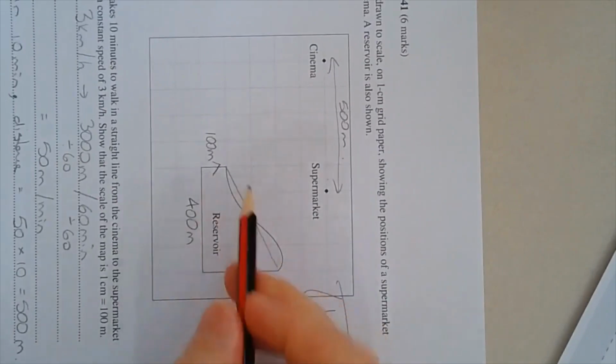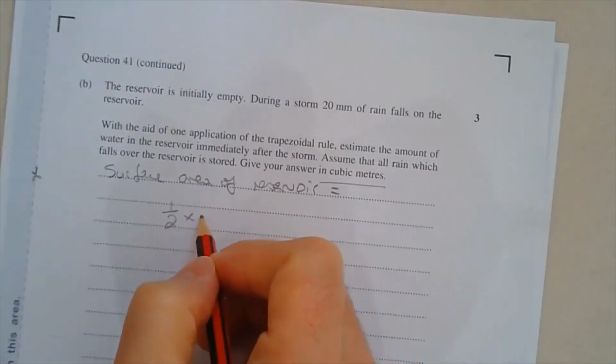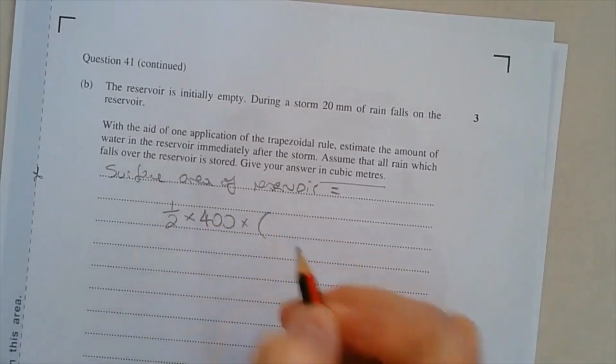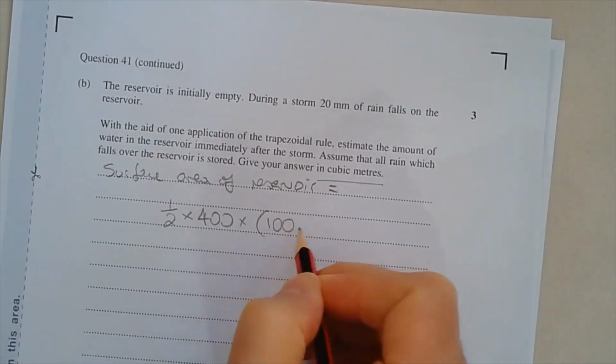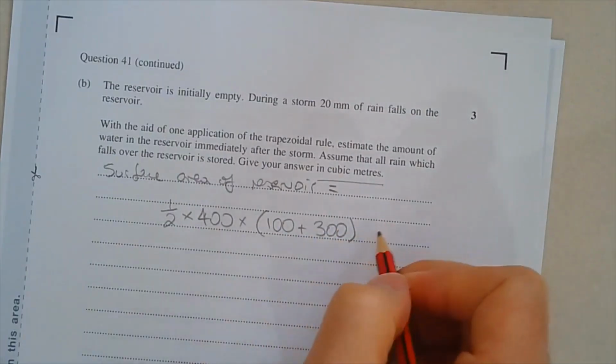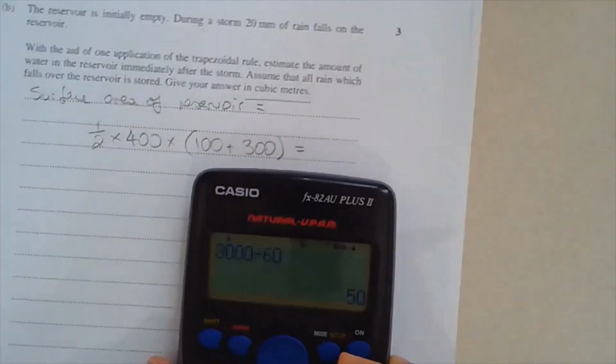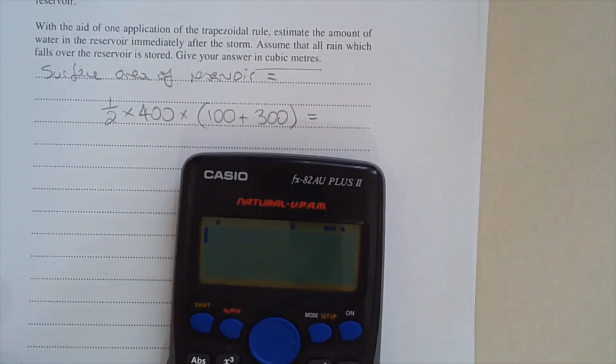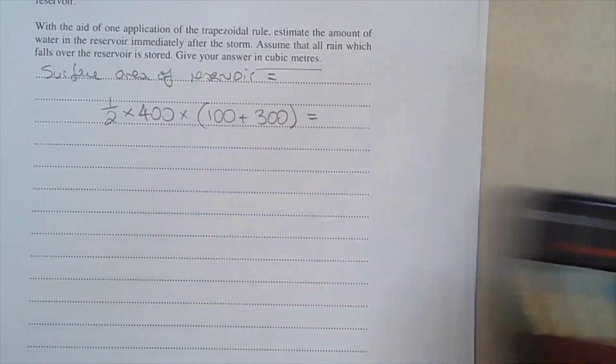If you look at it this way, you can see a trapezium. So half multiplied by 400 multiplied by the sum of the parallel sides, which is 100 plus 300. And that's equal to half multiplied by 400 multiplied by 100 plus 300, which is 80,000 square meters.